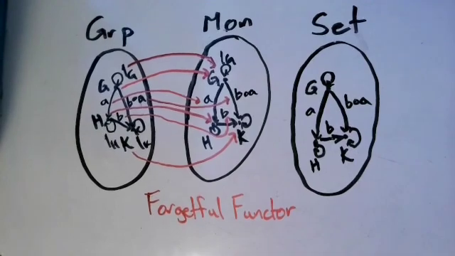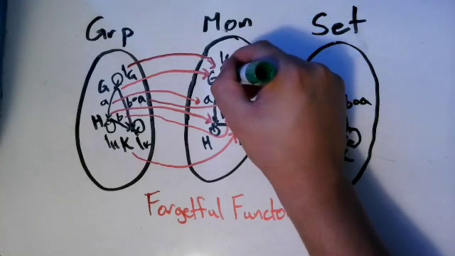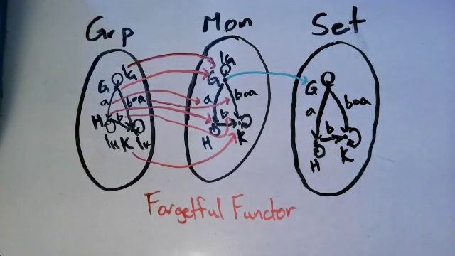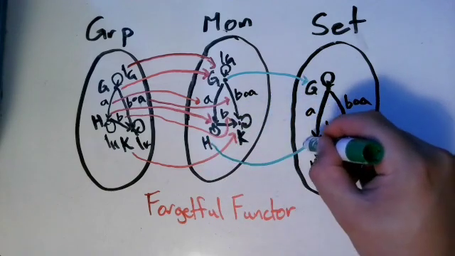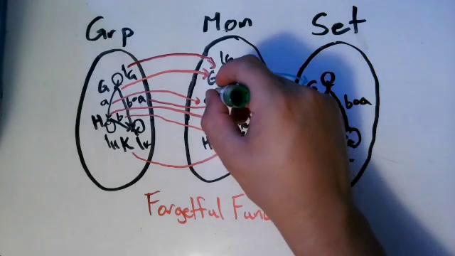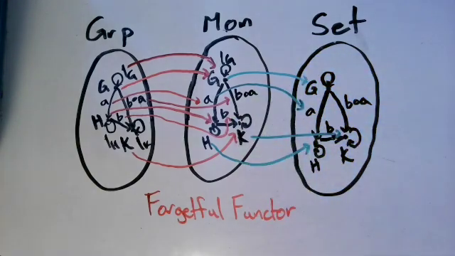Now, of course, every monoid is also a set as well. So we could repeat this exact same pattern going from the category of monoids to the category of sets. We simply map every monoid to itself as a set in the category of sets, and every morphism from itself as a monoid homomorphism to a set function.